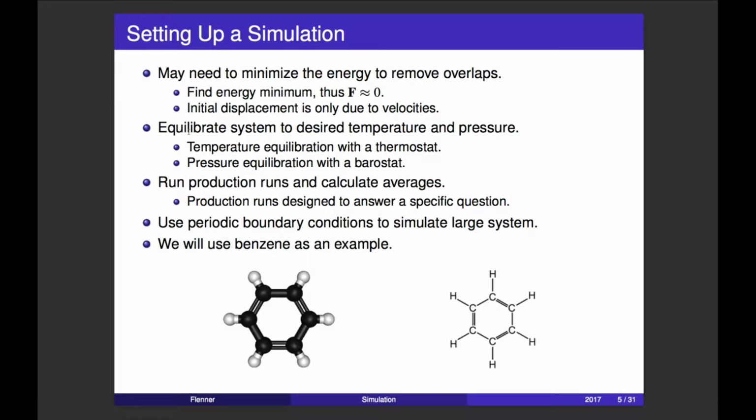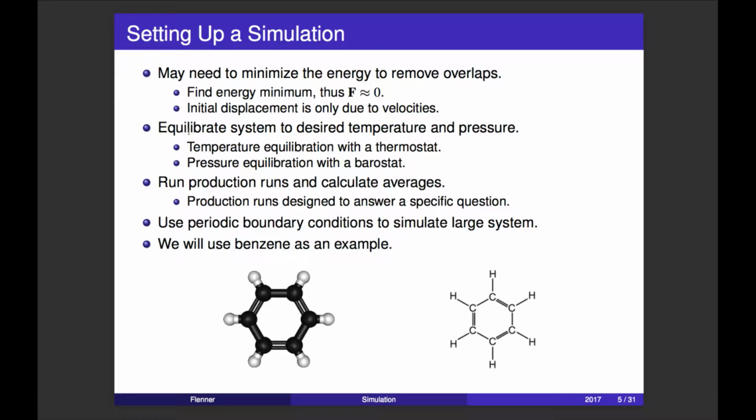So the other point is we also use what's called periodic boundary conditions to simulate large systems. We still can't simulate 10 to the 23rd particles. We can simulate quite a few. I've done 8 million, but people will do a little bit more than that, like 8 million atoms.